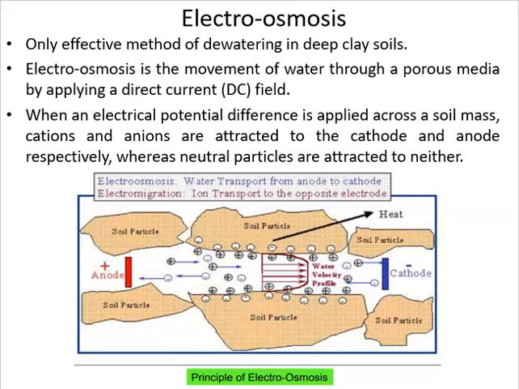So, when an electrical potential difference is applied across the soil mass, cations and anions are attracted to the cathode and anode respectively, whereas the neutral particles are attracted to neither.